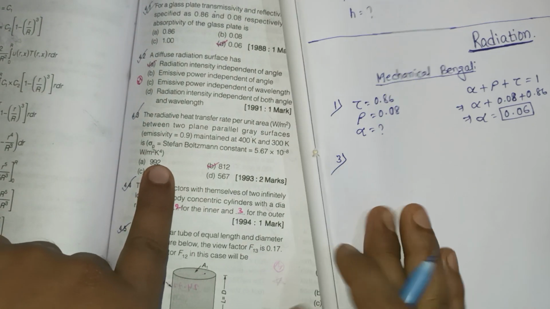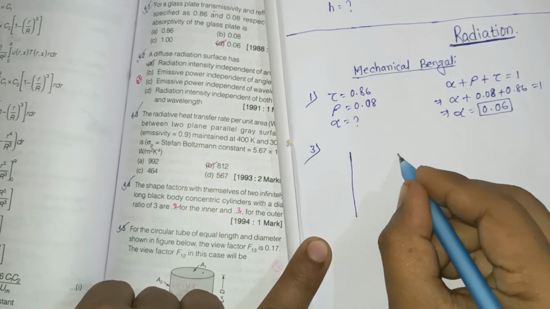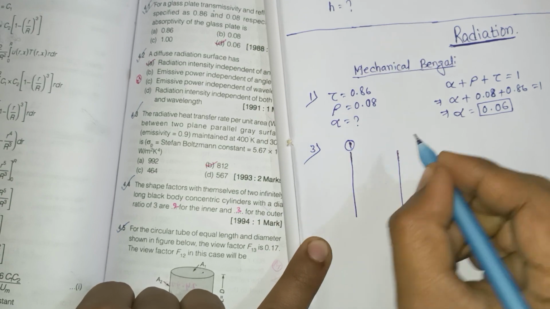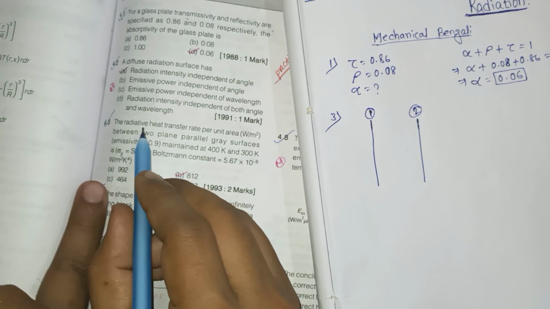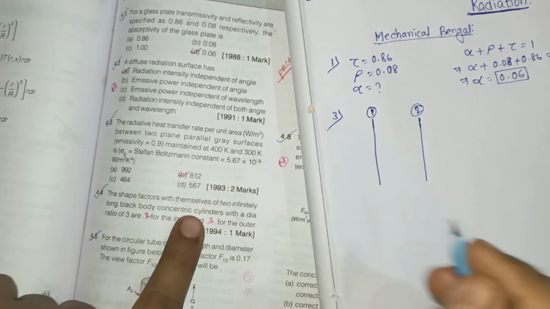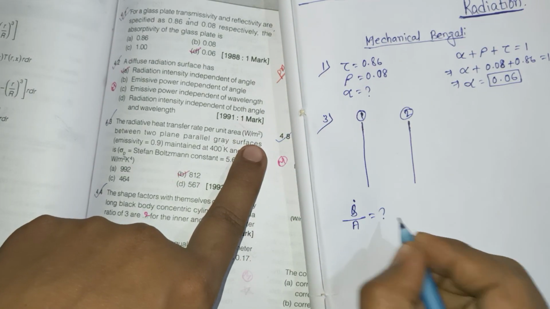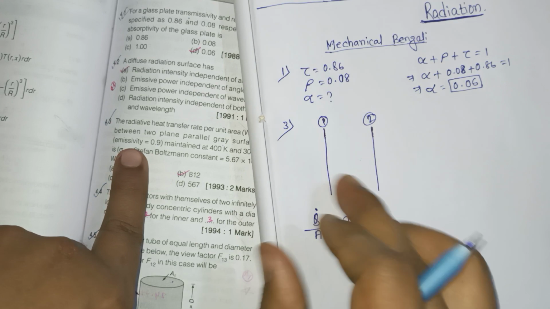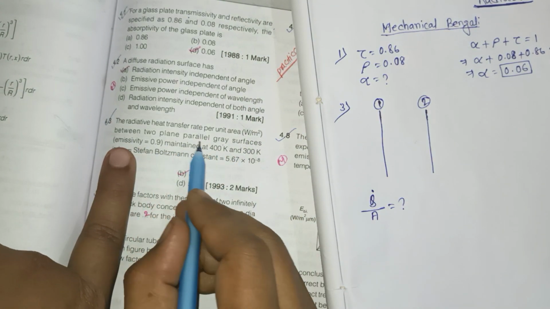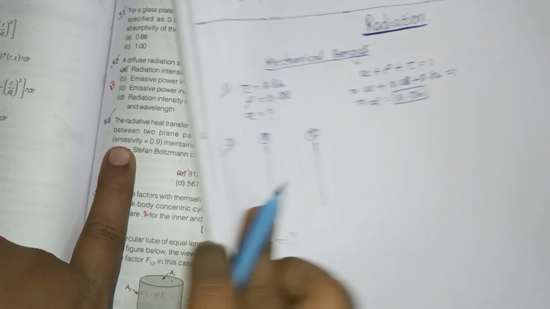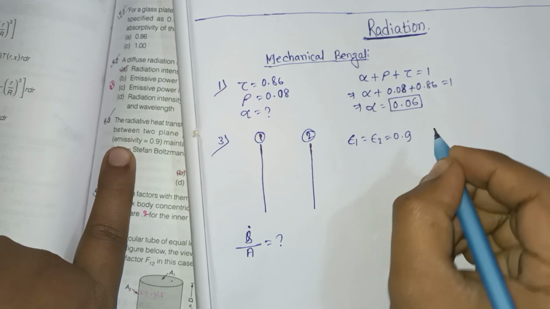Here two plates are given, plate number 1 and plate number 2. You have to find the radiative heat transfer rate per unit area, in watt per meter square. What is given? The emissivity of the two plates, epsilon 1 equal to epsilon 2 equal to 0.9.